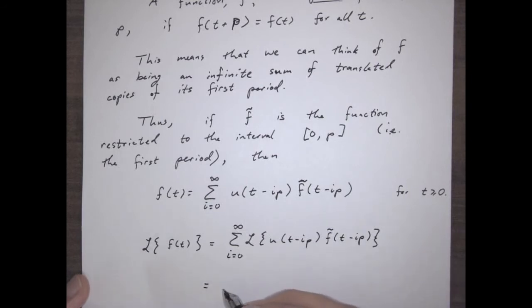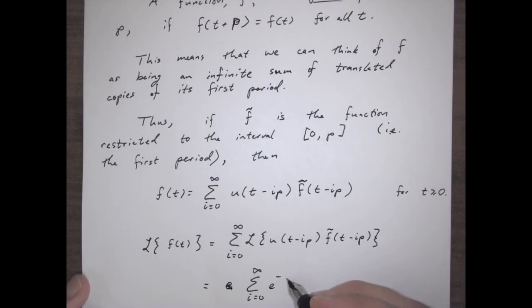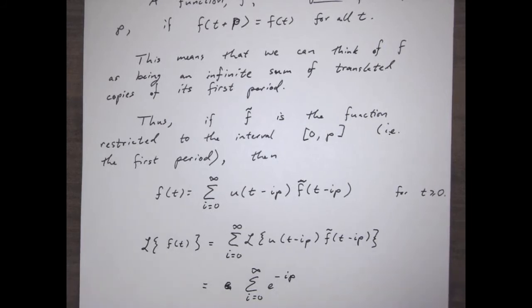But as we've already found, this is equal to the sum i equals 0 to infinity of e to the negative ip s times the Laplace transform of f tilde of t.